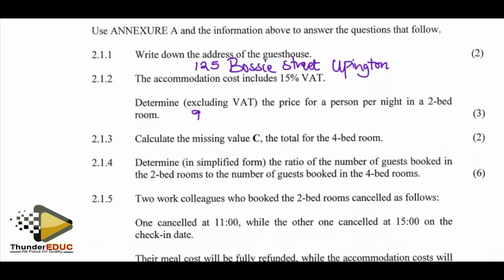It's 900, but we need to exclude VAT. So if we are excluding, we divide by 1.15. The answer becomes 782 rands 61 cents. Another method you would have used, it would be 900 times 100 over 115. Still get the same answer.